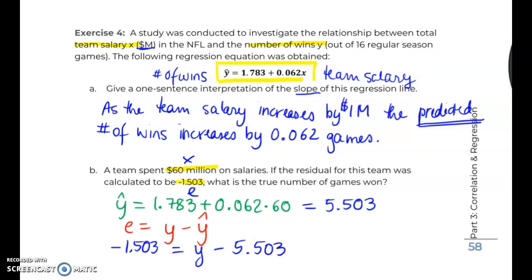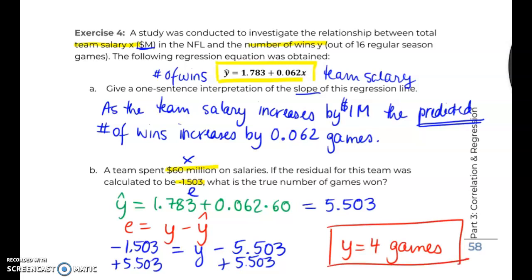And then we're going to solve this. This is basic algebra, adding 5.503 on both sides. And we end up with Y is equal to 4 games. So if a team spends 60 million on salaries and it has a residual of negative 1.503 games, that means that they actually won 4 games.